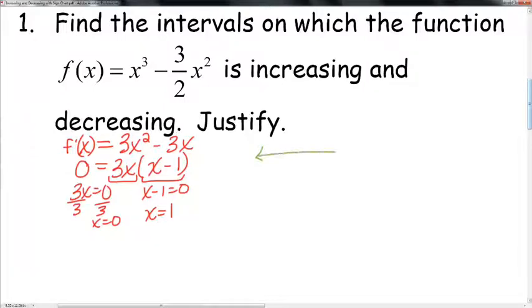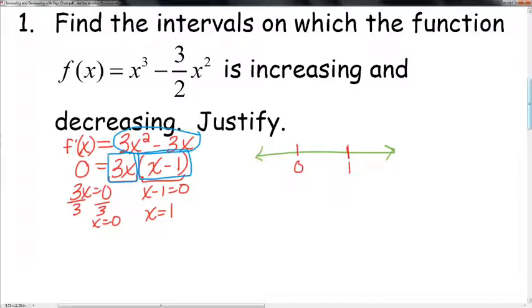So let's set up my number line. I have a critical number of 0, right there, and a critical number of 1. And I'm going to list my factors. When I factored, I get this linear function times this linear function. You could have used this one, but I think it's a little bit much to try to keep all the numbers straight in your head.